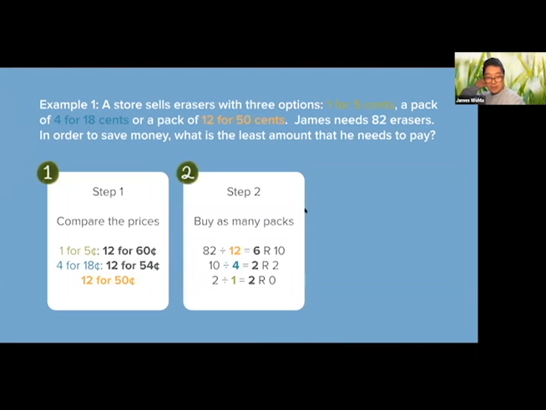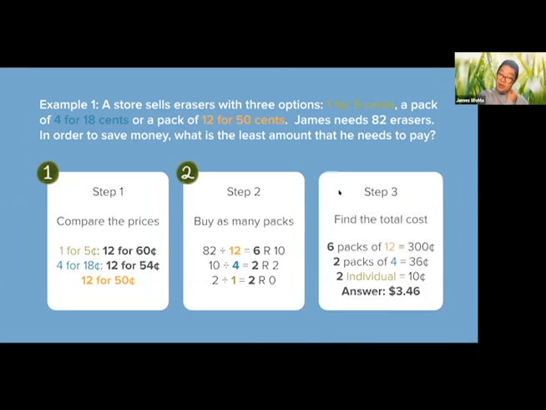And I think this is mentioned, but okay, so 12 for 50 cents is the best deal. So let's try to do as much of that as possible. If you divide 82 by 12, you get that you can get at most 6, but then you'll have remainder 10. And then with your 10, you'll try to get as much as possible.